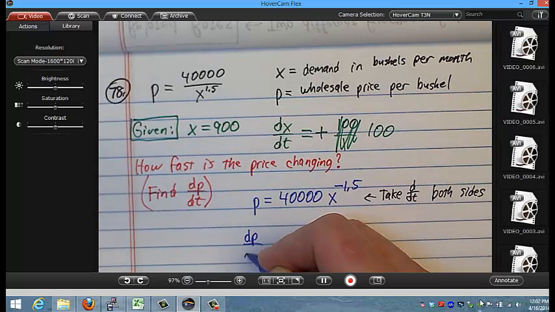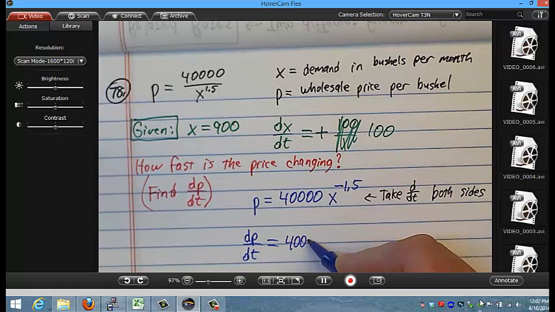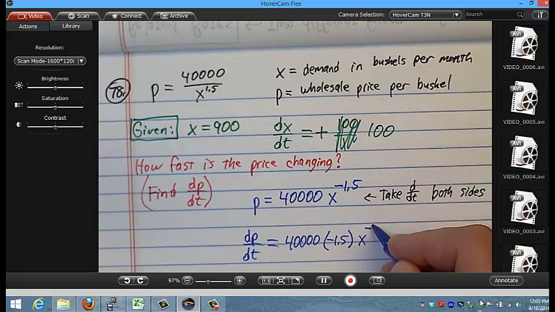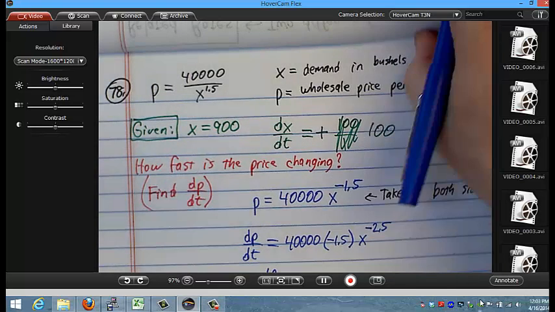It's just dp dt, which is what I'm looking for. And then the right-hand side, I have 40,000, and this is x to the negative 1.5, so let me bring down the negative 1.5. And then it would be x to the negative 2.5, subtract 1.